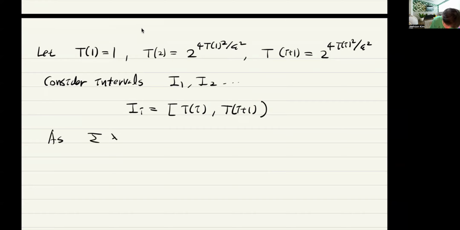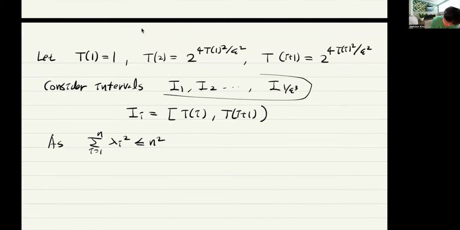The summation of lambda_i squared is at most n squared. So we consider the intervals up to, say, 1 over epsilon cubed. Then the summation over i from 1 to 1 over epsilon cubed, of the summation over k in I_i of lambda_k squared, is at most n squared.